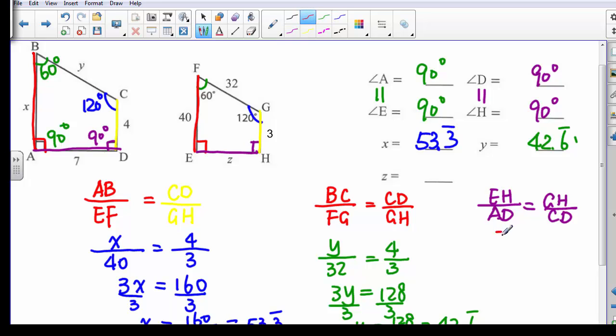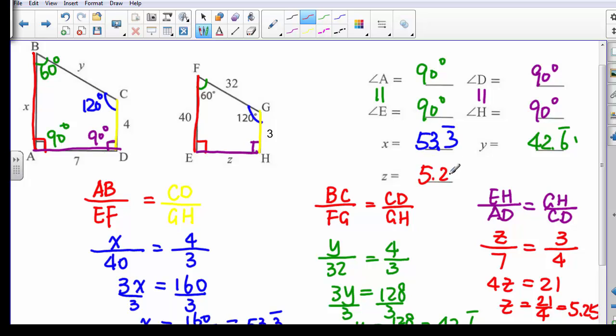EH is Z, AD is 7, equals GH is 3, CD is 4. Cross multiply: 4Z equals 3 times 7, which is 21. So Z equals 21 over 4. If you change this one to a decimal, it's 5.25. So Z is 5.25 units long.